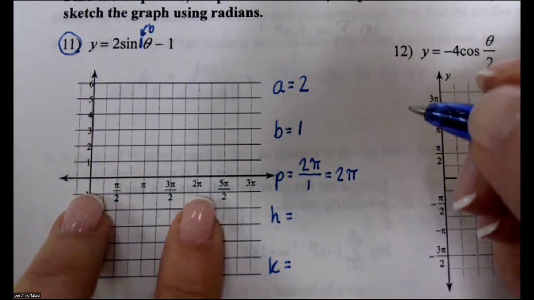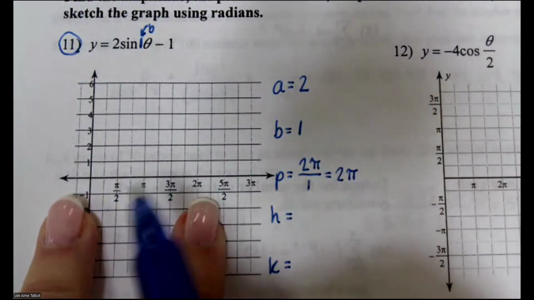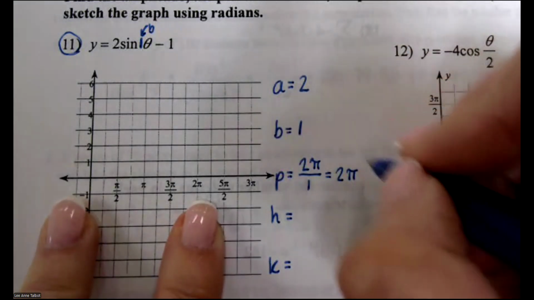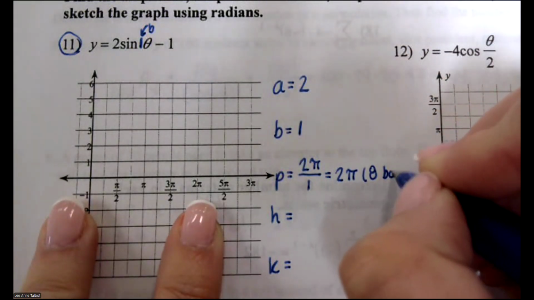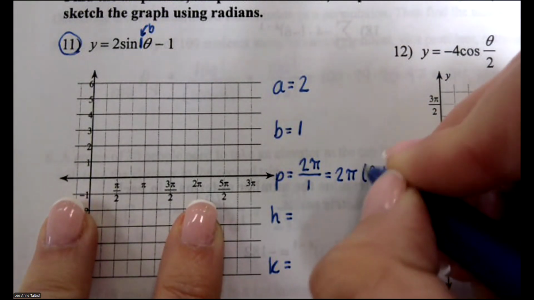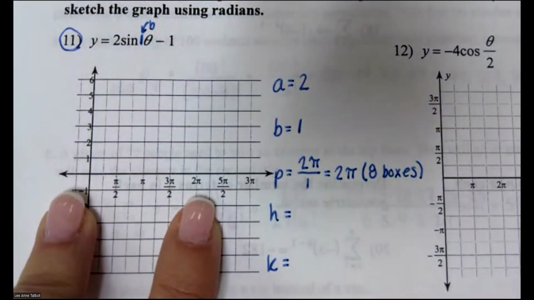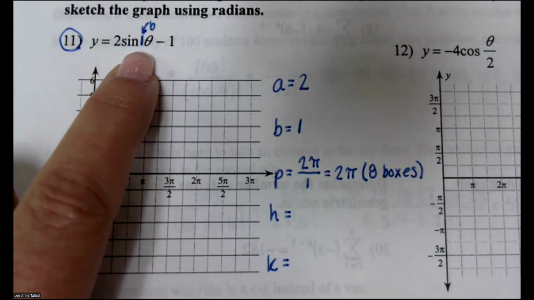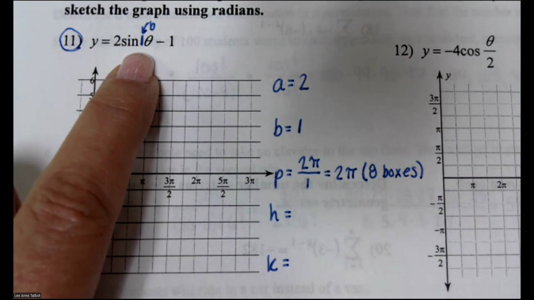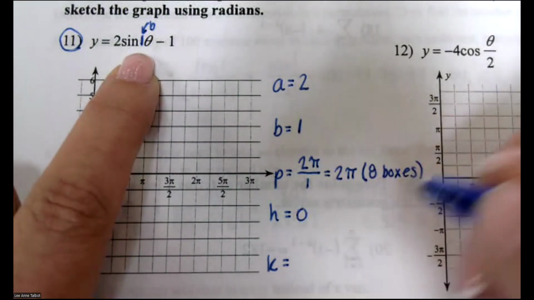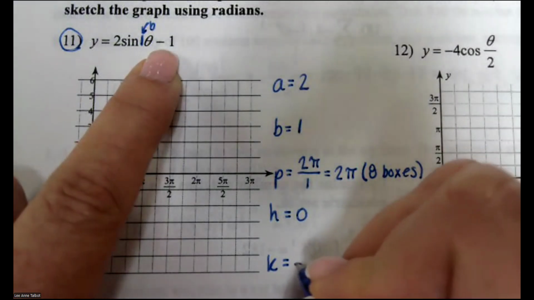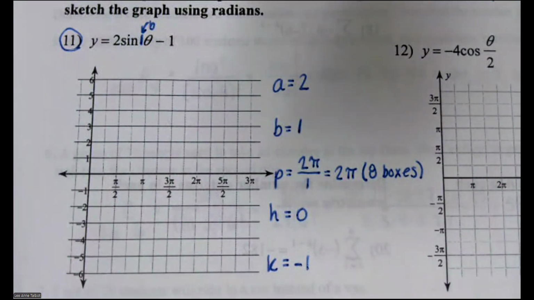And how many boxes is 2 pi on this graph paper? 8. Okay, now pause. H has to be in parentheses. If there's no parentheses, it's 0. And k is on the end at -1.